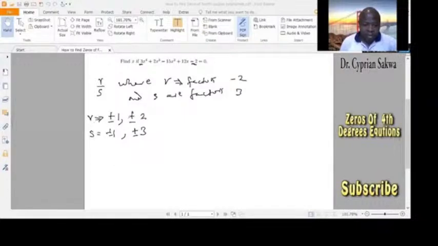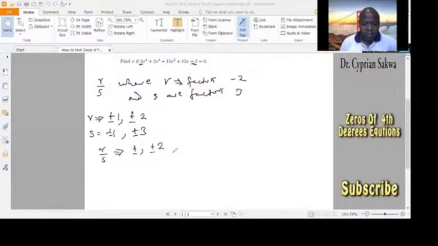If r is this and s is positive or negative 1, then r over s could be positive or negative 1 and positive or negative 2. I've just divided. What about if s is positive or negative 3?